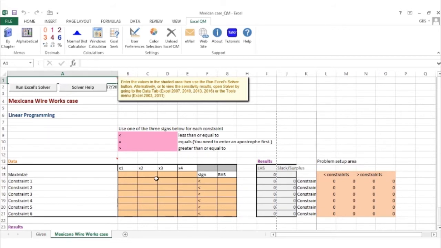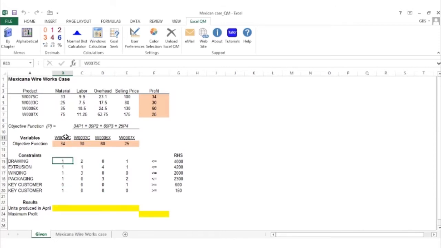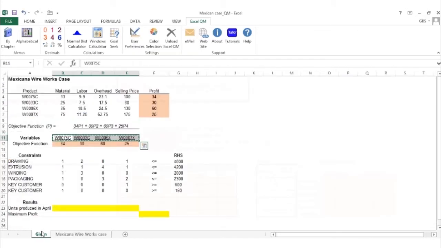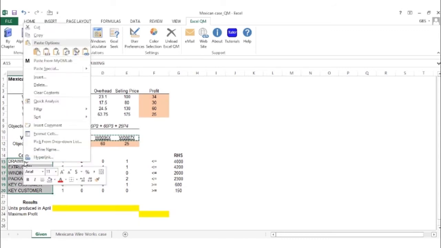This spreadsheet, we name it Mexicana Wireworks. We change the variable names and the constraint names first before inputting the values. So we just copy the variable names here, and also the constraint names.